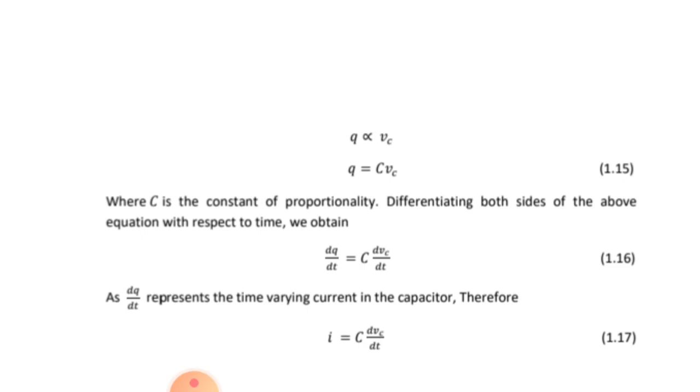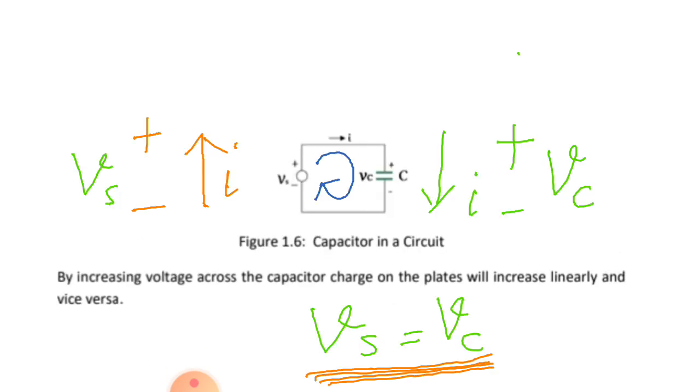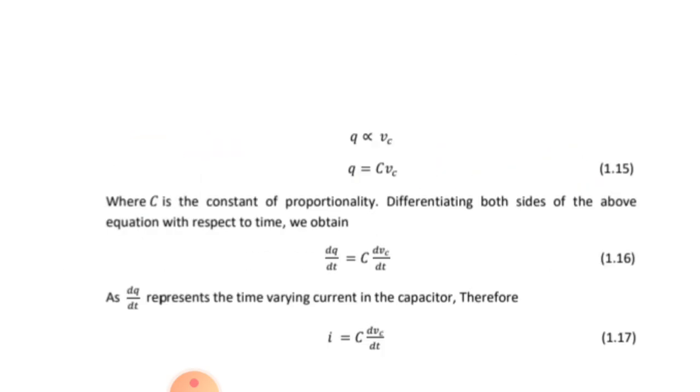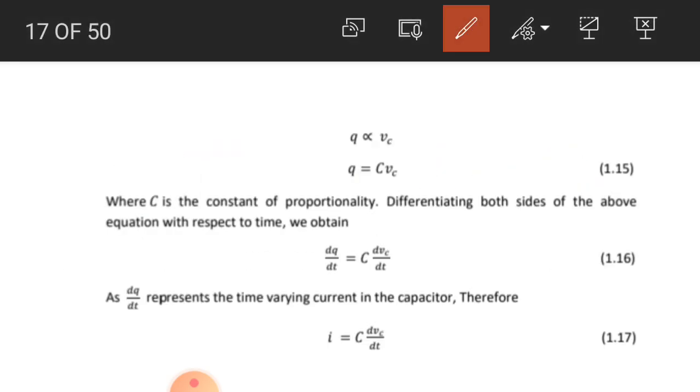So we know that the charge on the plates of the capacitor depends upon the voltage across the capacitor. The charge on the plates of the capacitor is directly proportional to the voltage across the capacitor.